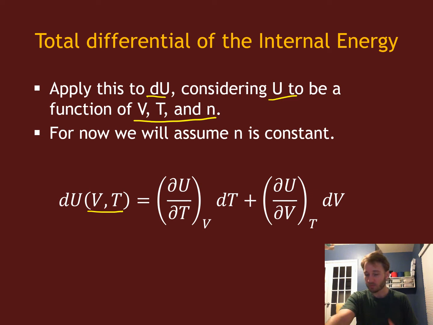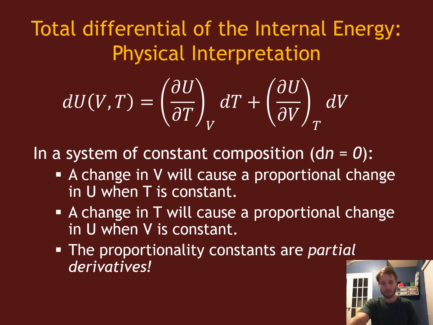That is the total differential of U. When we look at this, if again we're assuming dN is 0, constant N here, some change in volume will cause some proportional change in internal energy when temperature is constant. A change in temperature gives some change in U when V is constant. How this change in temperature affects the change in U, and how this change in volume affects the change in U, is based off of these proportionality constants here, these partial derivatives of U with respect to temperature and volume.